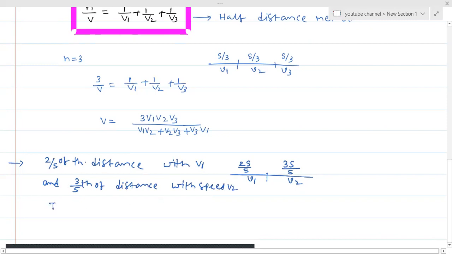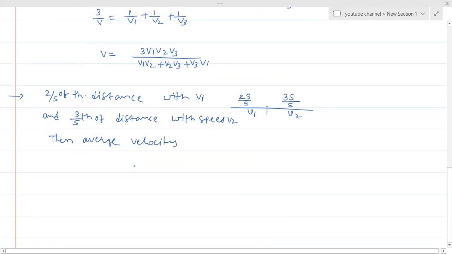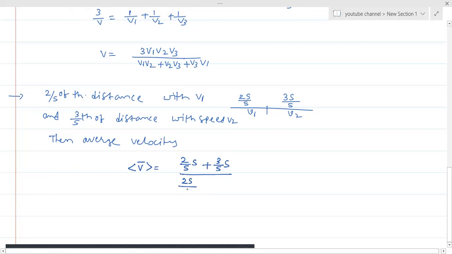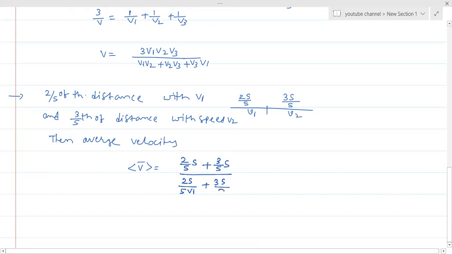So then they will ask for average velocity. Then average velocity we will take. So average velocity v is total distance, generally 2 by 5 into s plus 3 by 5 into s, by total time. Time means distance by speed again. So therefore 2s by 5v1 plus 3s by 5v2.